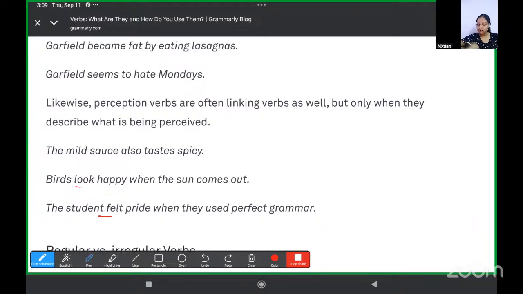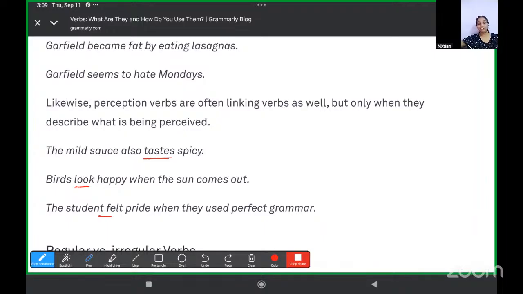Felt. Look. The first one, I think it can be, sorry, also. Okay. But taste also links the mild sauce and spicy. The word taste also links mild or spicy.